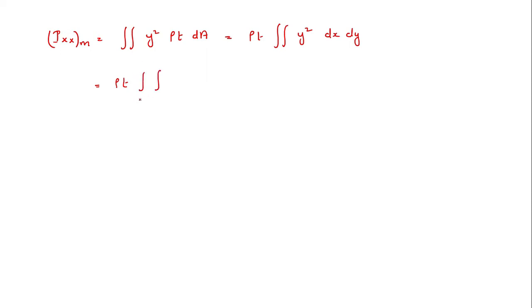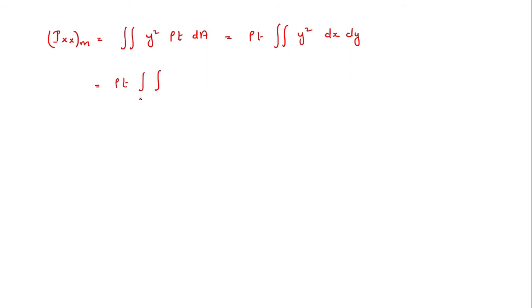IXX, the moment of inertia with respect to the x-axis, I can write as double integral y square into rho into t into dA. This rho t can be brought outside. So rho into t double integral y square into dA, which I can represent as dx dy. Now we can write the limits.